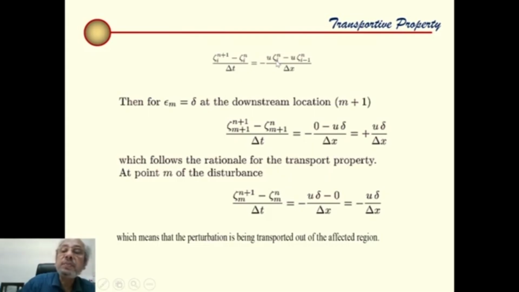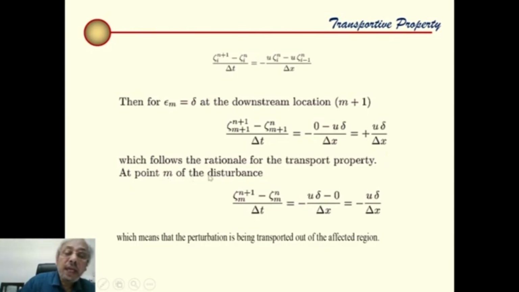We did not give any perturbation at m plus 1, so the perturbation value is 0. But if m plus 1 is substituted into this i, this is m, where the perturbation value was given. So this quantity at the next time level, at the next point, becomes U delta by delta x, which follows the rationale for the transportive property. That means in the forward point, it must move.